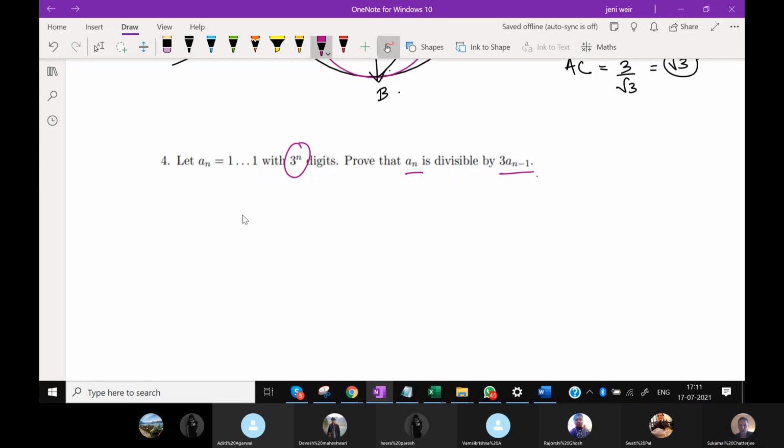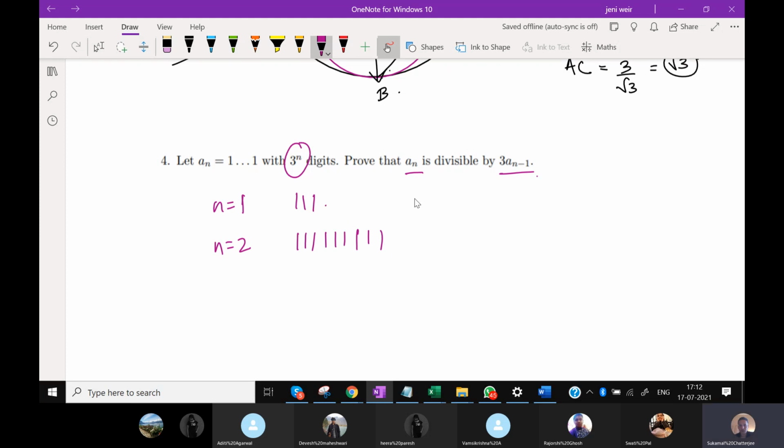That means if I have n equal to 1, it will be a 3-digit number. 3 to the power 1 is 3 digits, so the number will be 111. If I have n equal to 2, then the number would be a 9-digit number, 111,111,111: 1, 2, 3, 4, 5, 6, 7, 8, 9.